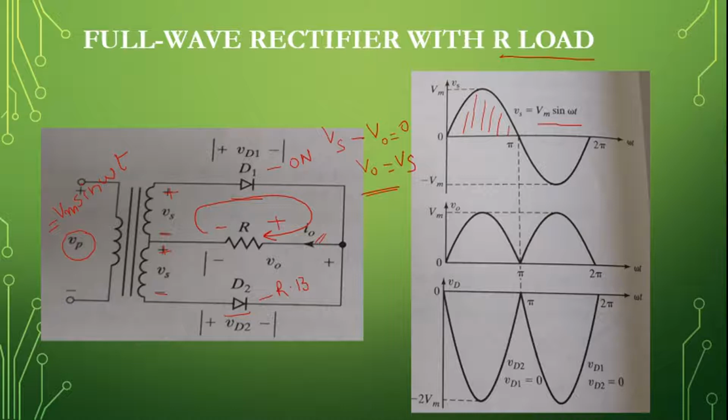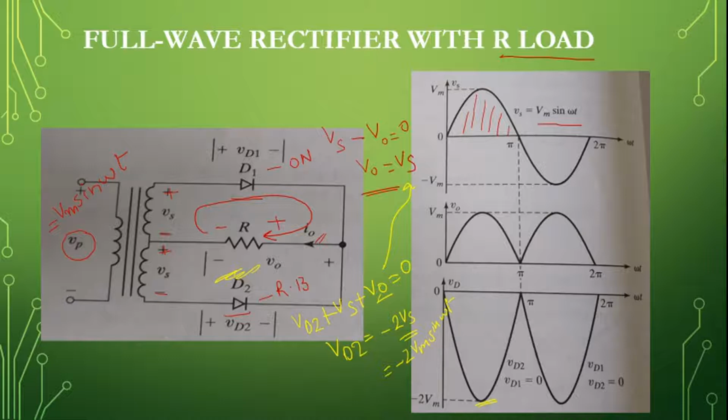So if we apply KVL to this loop, we get Vd2 plus Vs plus V0 equal to 0, or Vd2 is equal to, what is V0? V0 is also equal to Vs. So it is 2 Vs. When we take it to the other side, it becomes minus 2 Vs, or it is minus 2 Vm sin omega t. This is nothing but the peak inverse voltage.